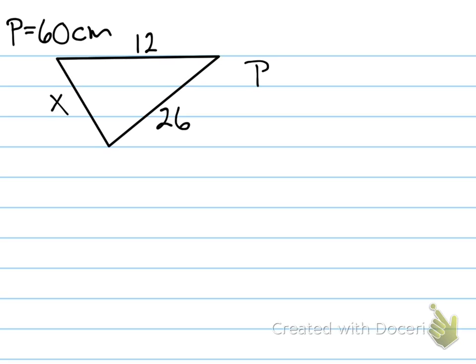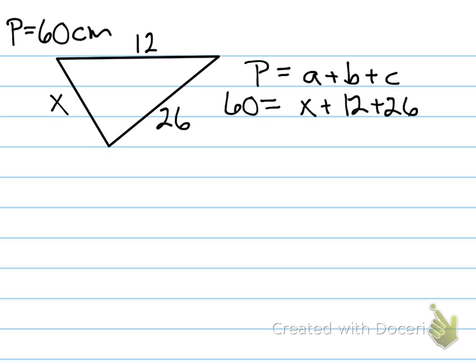P equals A plus B plus C. All right, P is 60 equals X plus 12 plus 26. All right, what's 12 plus 26? 38. 60 equals X plus 38, and then how do I solve for X?